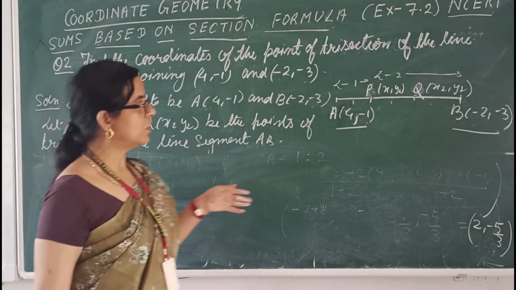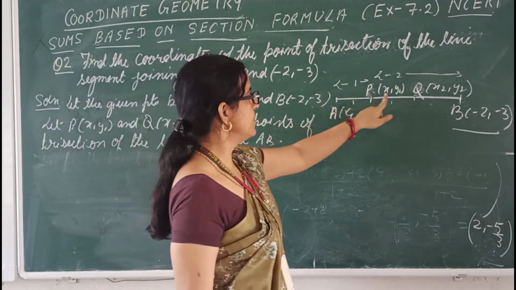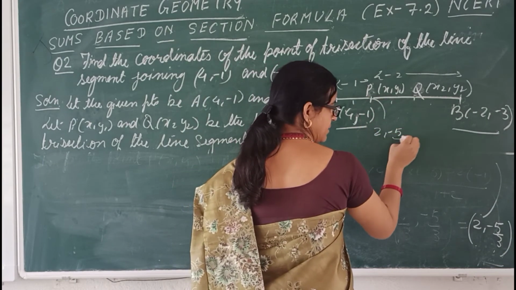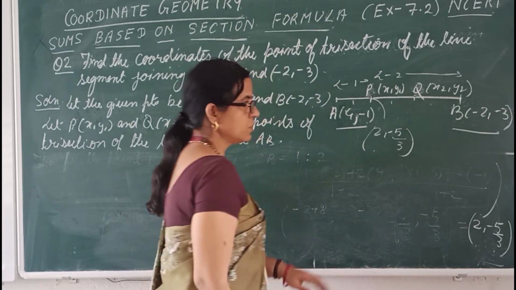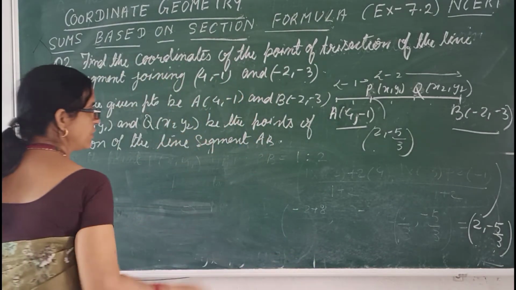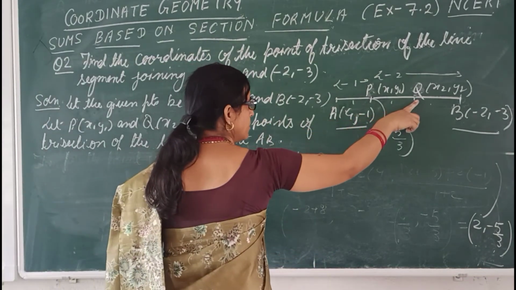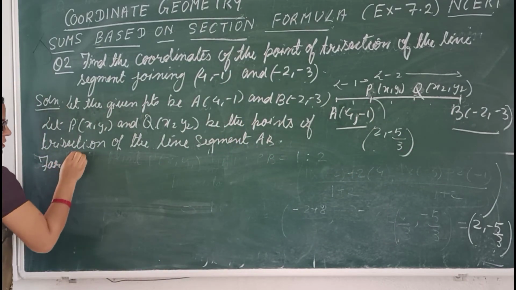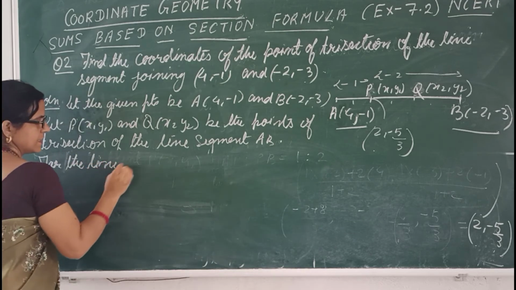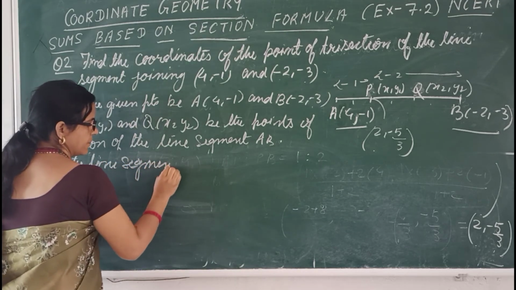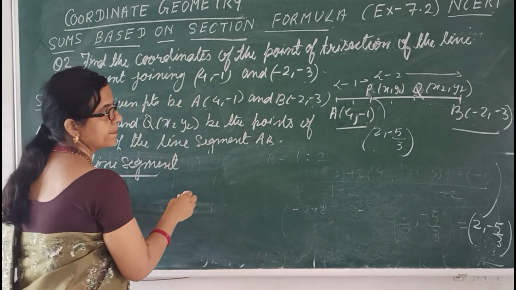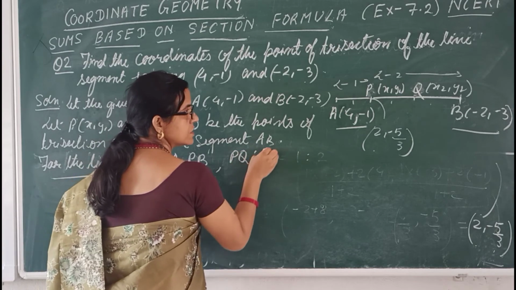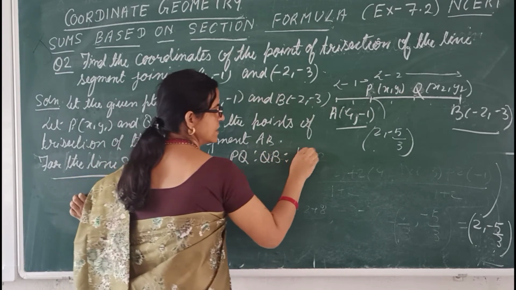So children, we have got the coordinates of the point P (x1, y1) as (2, minus 5 by 3). And now you can use the midpoint formula to get the coordinates of the point Q. So for the line segment PB, PQ is to QB equals to 1 is to 1.